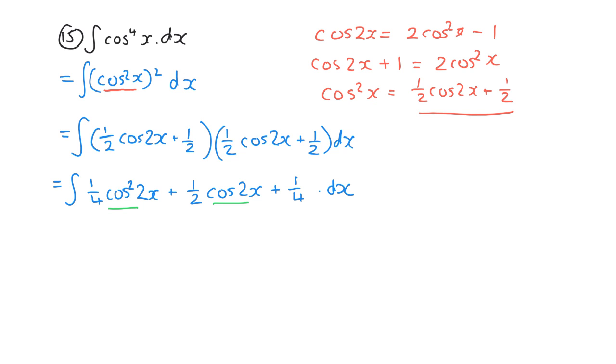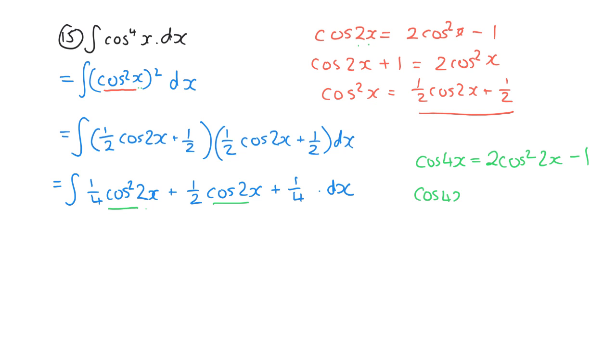So this time though, we're going to have to use cos 4x, because notice when we had an x here, it was 2x over here. We now have a 2x here, so it's cos 4x. So it's the same thing, only instead of 2x and cos squared x, it's cos 4x equals 2 cos squared 2x minus 1.